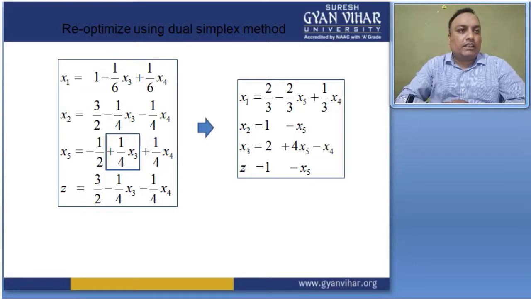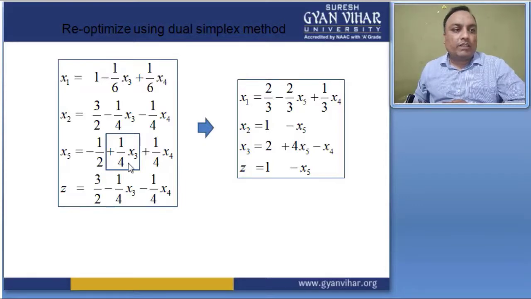For this method, here are the different values, replacing 1/4 x3 in x5. This gives x1 equal to 2/3 minus 2/3 x5 plus 1/3 x4.